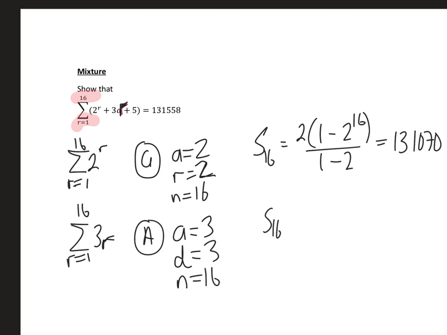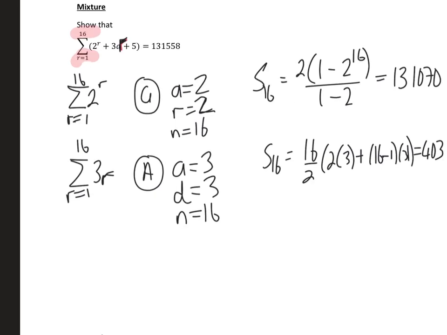So S16, well, this formula was n over 2 times 2 times a plus n minus 1 times d. And if I work that out, I get 403. And the last one, sum from r's 1 to 16 of 5.